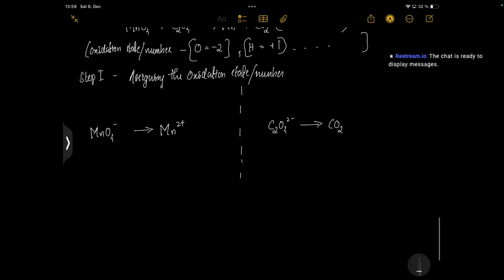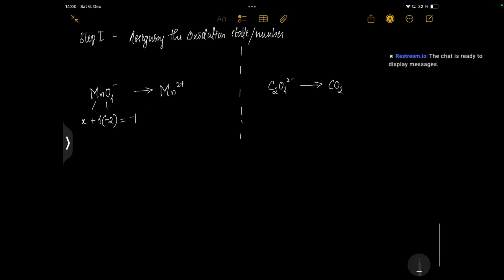Now, MnO4 minus: let's take the oxidation state of manganese as x. We have 4 oxygen, so 4 times -2, and the whole thing is equal to -1.